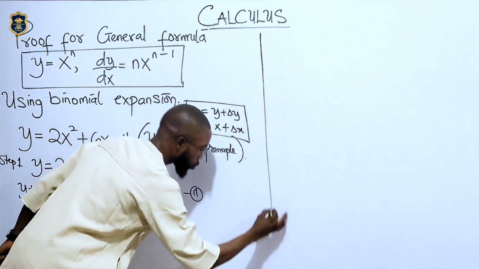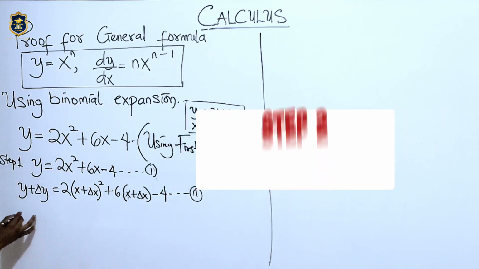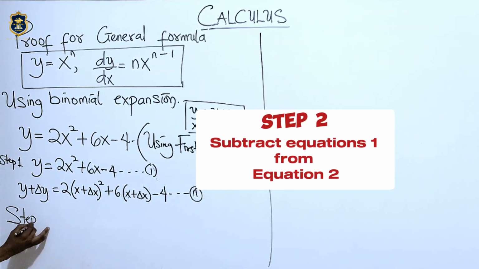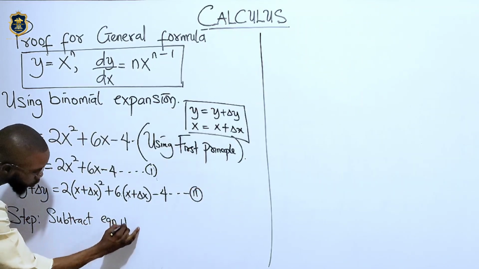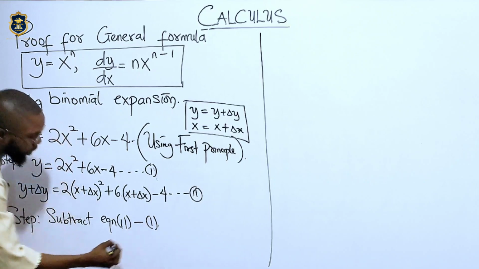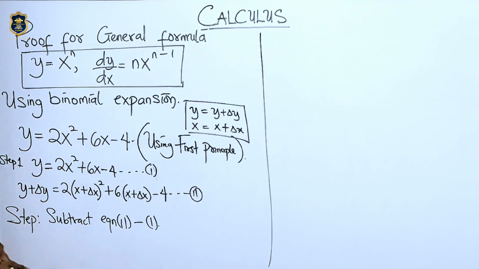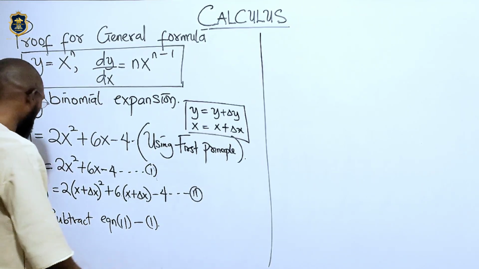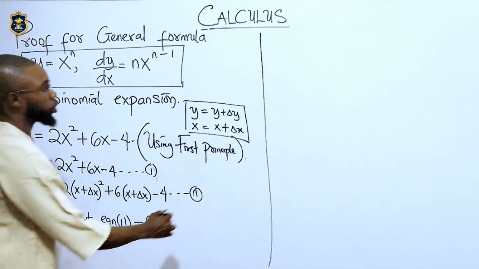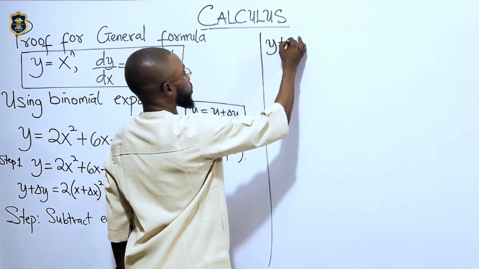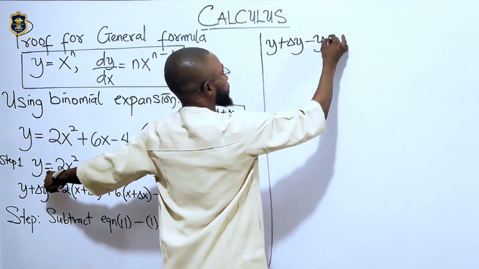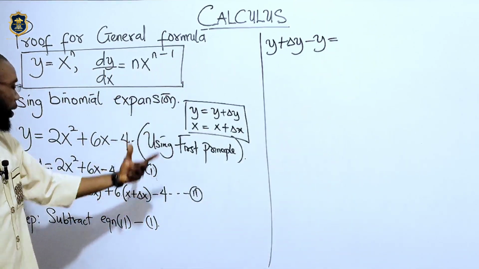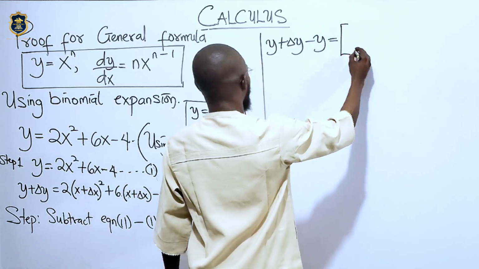What becomes our step 2 and step 3? In step 2, we subtract equation 1 from equation 2. That's what happens in step 2. So y plus delta y minus y is equal to this one minus the one above. Let's put a square bracket.